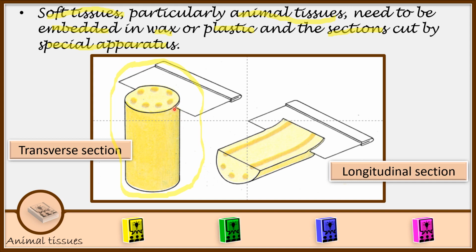Remember, we said we want this thickness to be 0.01 to around 0.1 millimeter thick. So we need to make the soft tissue a little bit hard so that we can easily cut that thickness that we want. So we embed it in wax to make it a little bit stronger.